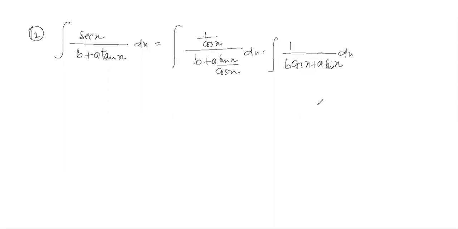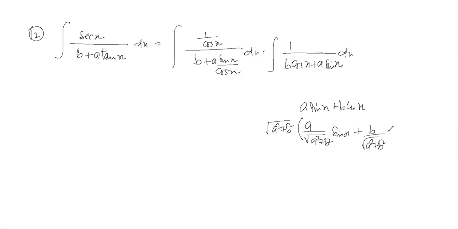So we just simplify a sin x plus b cos x. We multiply and divide by root under a square plus b square, giving a upon root under a square plus b square into sin x plus b upon root under a square plus b square into cos x.